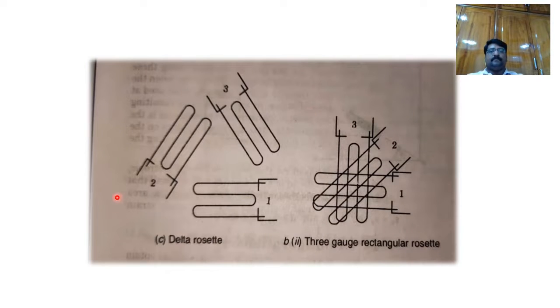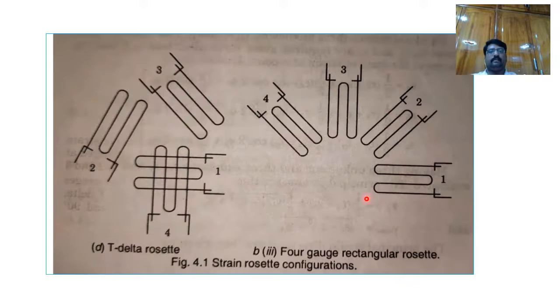This is a delta rosette arranged with the orientation of 0, 60 and 120 degrees. The three-gauge rectangular rosette, previously seen individually at 0, 45 and 90, is now overlapped to form a grid structure. Next, the T-delta rosette: initially 0, 60, 120, and another gauge arranged perpendicular to the initial strain gauge, at 90 degrees.